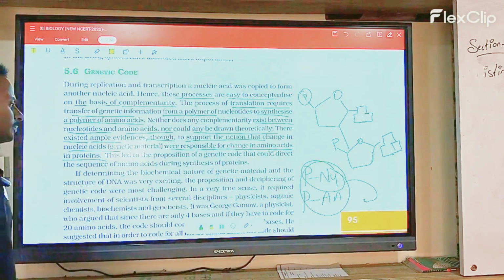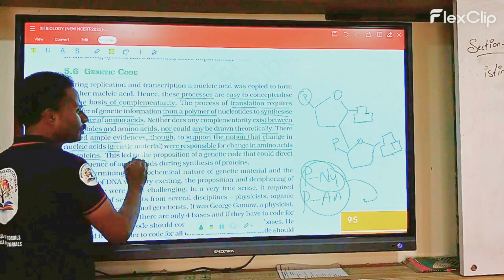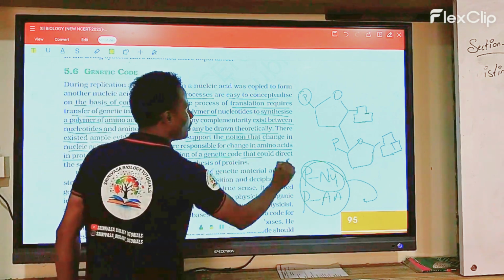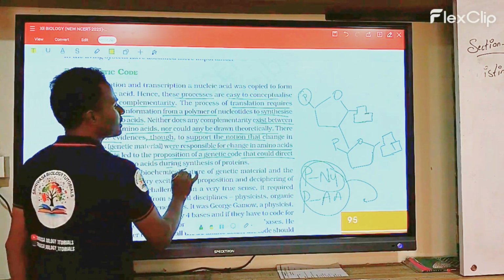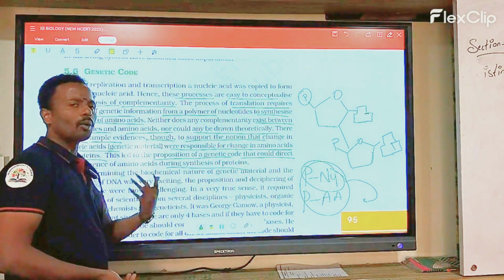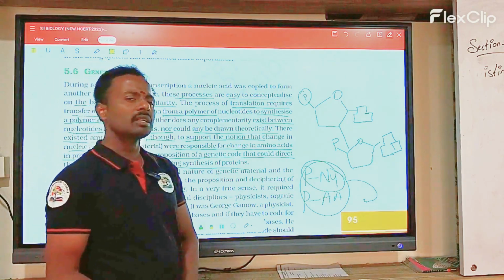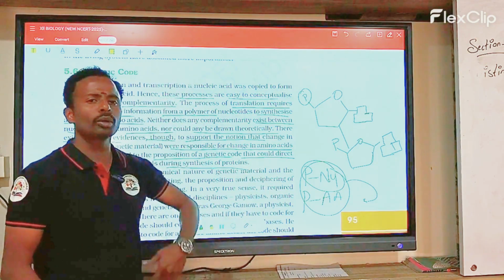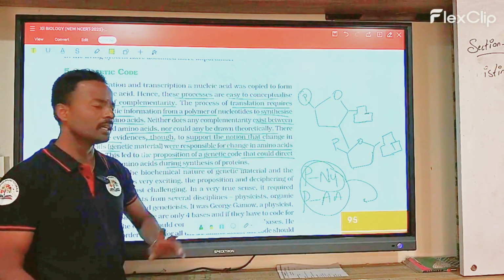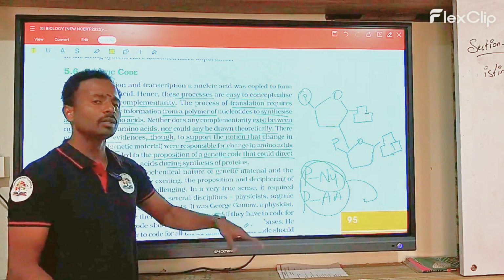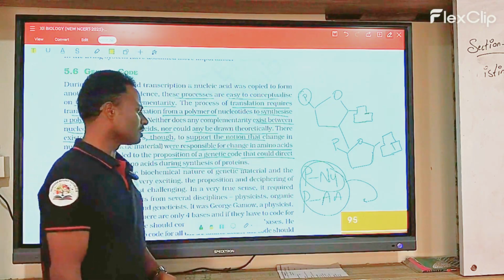Clear? And this led to the proposition of the genetic code that could directly determine the sequence of amino acids during the synthesis of a protein. So amino acids get synthesized with the help of the nucleic acid, which provides the amino acids that participate in protein synthesis.